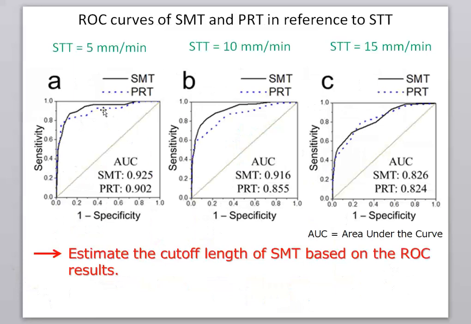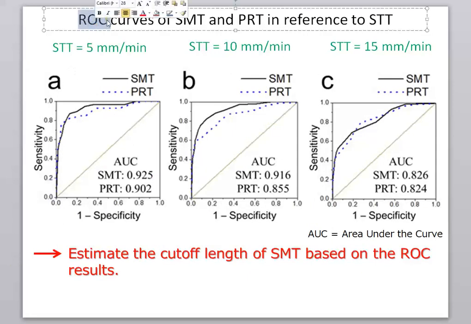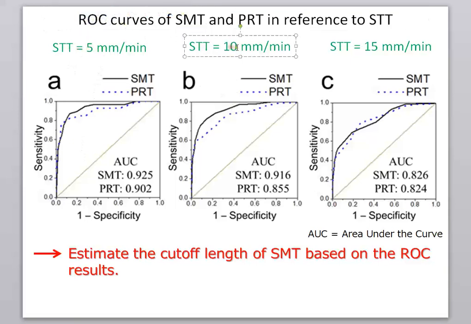Based on this result, we were able to form the ROC curves, receiver operating characteristic curves, for the SMT value. Plot A corresponds to the STT criterion of 5mm, plot B corresponds to the STT criterion of 10mm, and plot C corresponds to the STT criterion of 15mm, respectively.